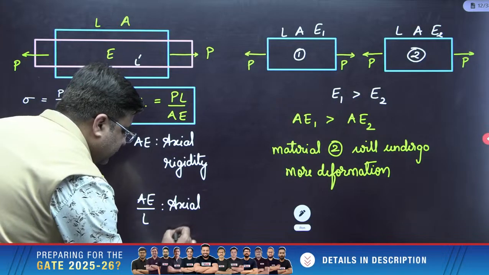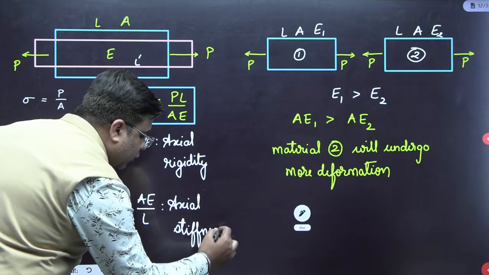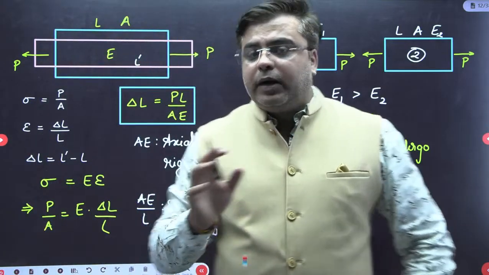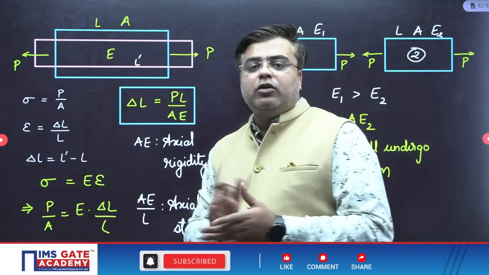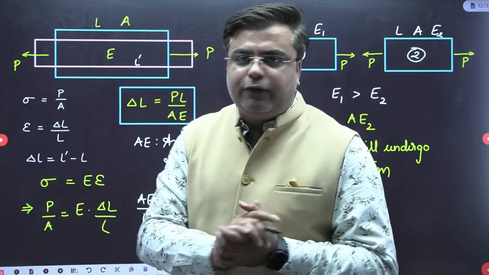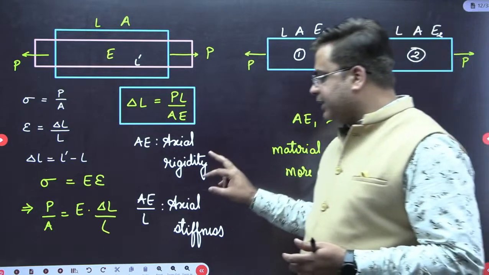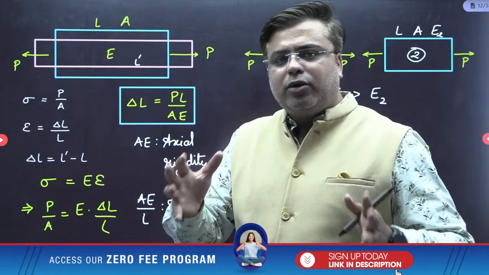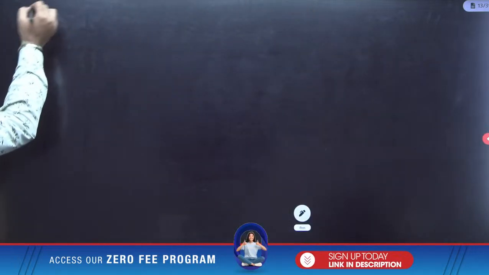Axial stiffness also tells you about the resistance against axial load, but it tells you per unit length: how much resistance is offered by the material per unit length against axial deformation. Both mean the same thing, but axial stiffness is per unit length and axial rigidity is about the total length.